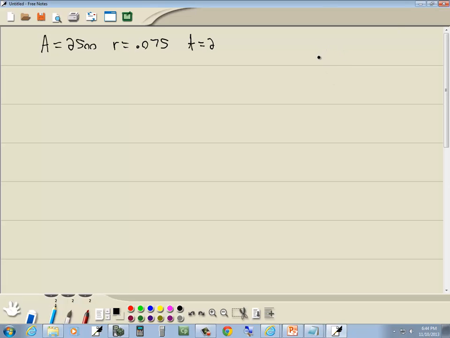Well, let's look at our formula. We got A is equal to P times 1 plus R over N to the NT power. We want to get P by itself, so we're going to divide both sides by 1 plus R over N to the NT power.